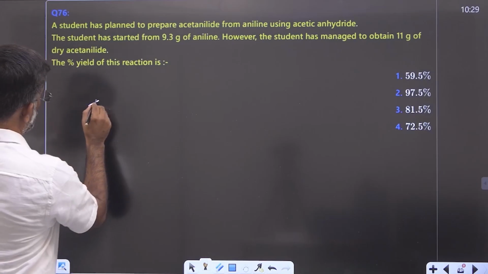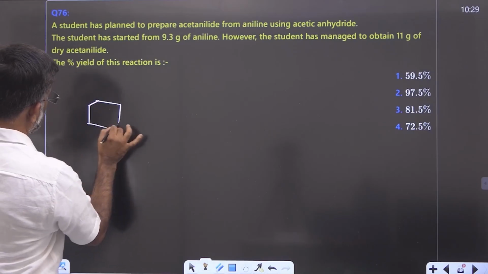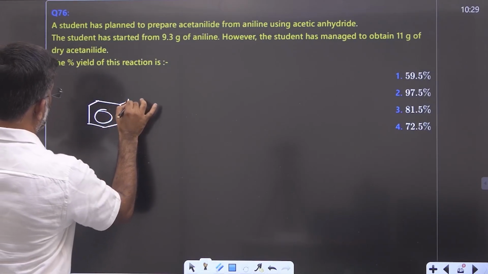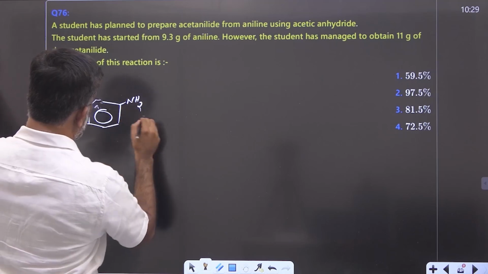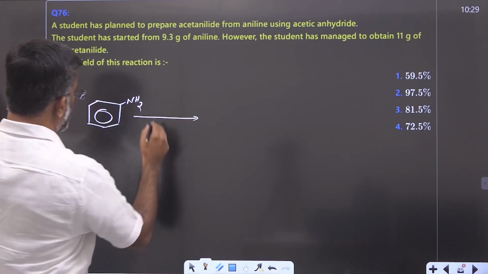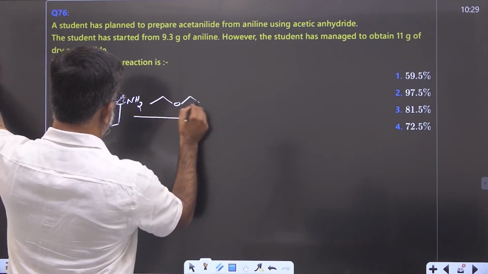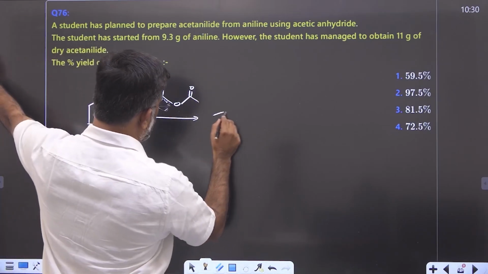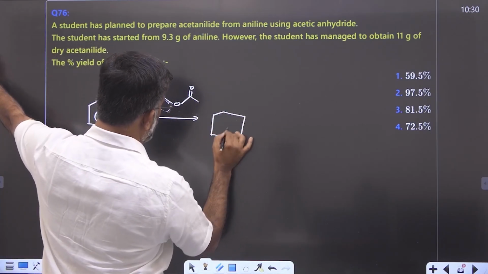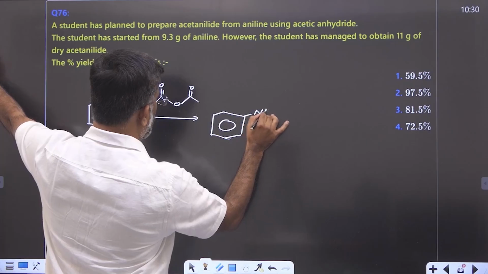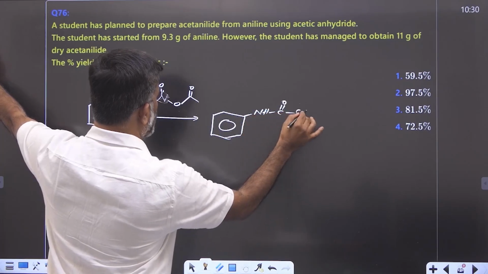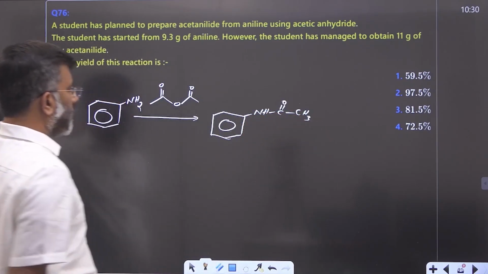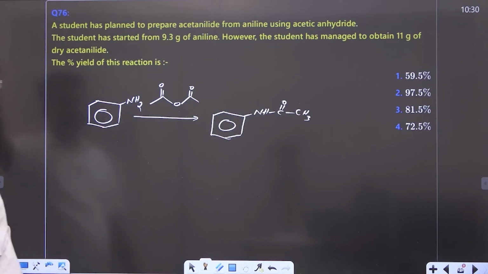Let's figure out. This is aniline, and that is treated with excess acetic anhydride. You will get acetanilide, NHCOCH3, acetanilide.